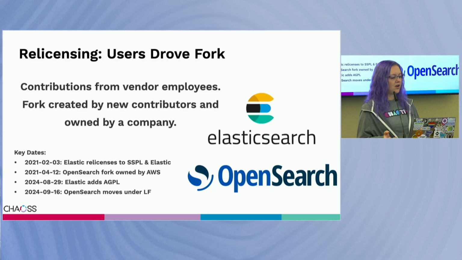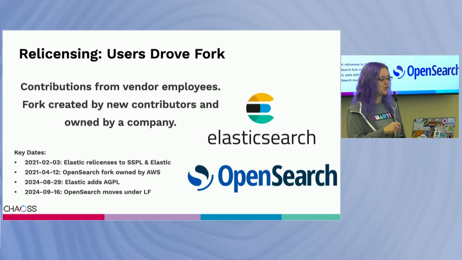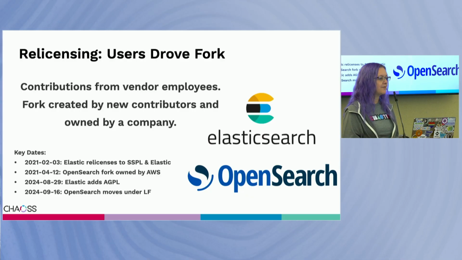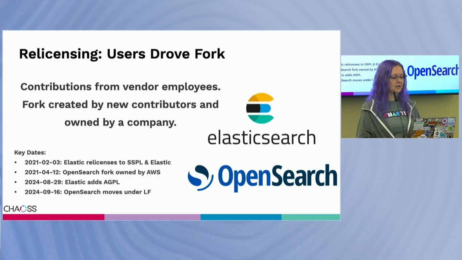So without a strong open source contributor community, there wasn't a strong contributor base to drive the fork. So while AWS did have a few people who had contributed to Elasticsearch before, including one person who'd worked at Elastic, they were still kind of mostly starting from scratch with employees who were learning the code base. And so it took a little while to get something out. And as I've mentioned before, that's also very hard work.